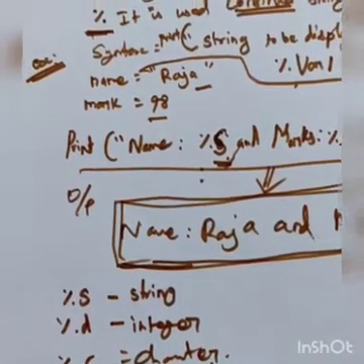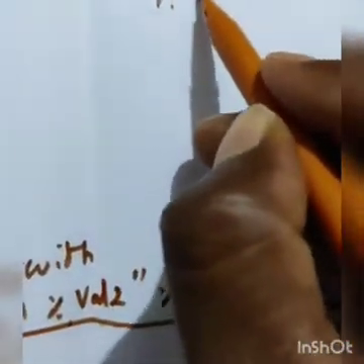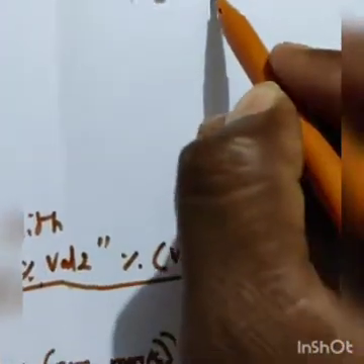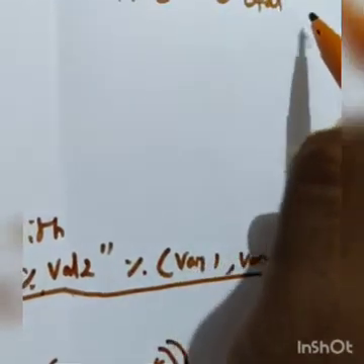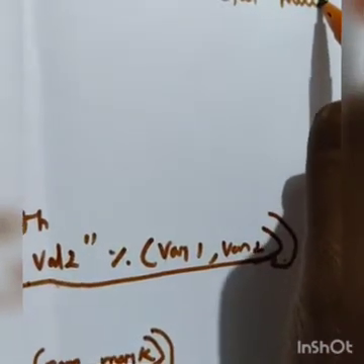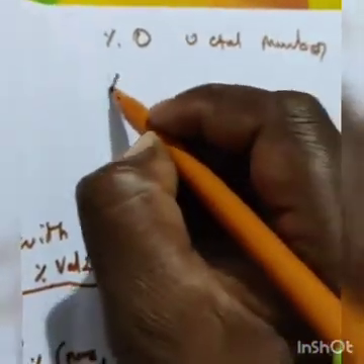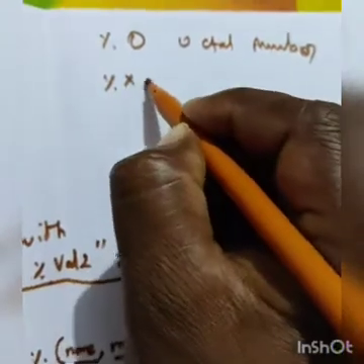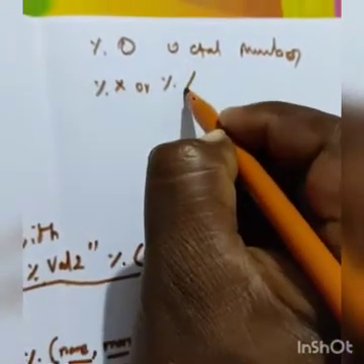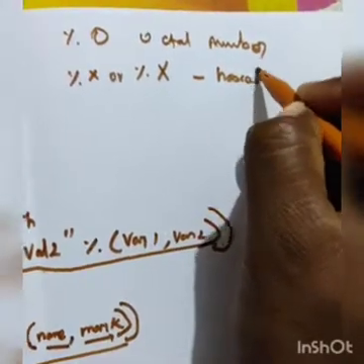Next, percentage symbol o is an octal number. In case you want to print an octal number, use percentage o. Next, percentage x or percentage capital X is a hexadecimal number.